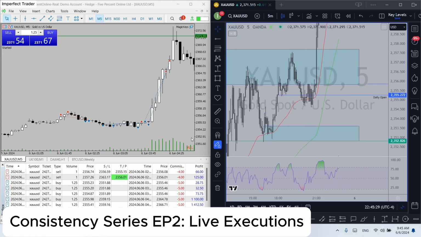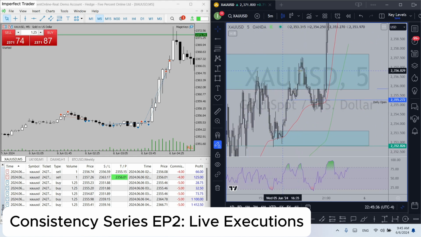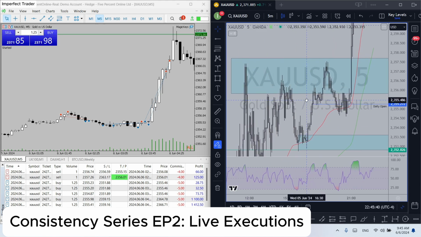Alright, so we start first. The market opened around here and rallied up here. The green zone right there is a key level that I marked up and planned the trade around before my live execution that you saw in the video. My dominant bias for the Asia session is breaking out to the upside.